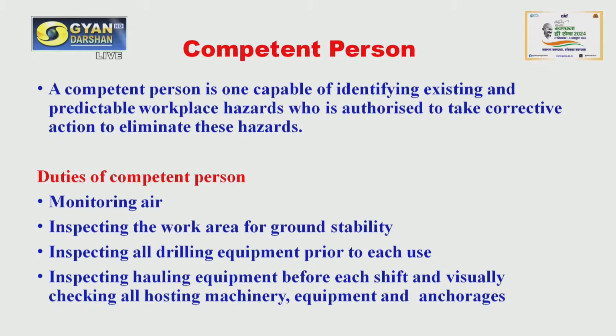Then inspecting the work area for ground stability. There are chances that in the area where the work is to be started, the soil may be loose, and there is a problem of ground stability. Because if loose soil is there, then when you are excavating, material may fall from the sides.